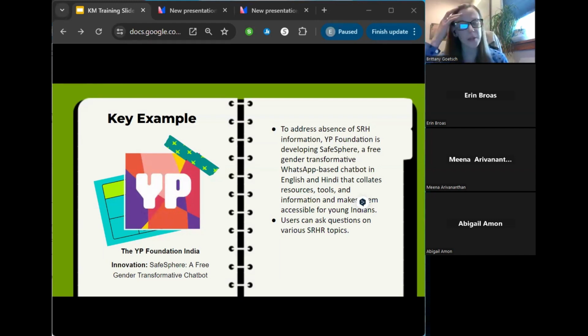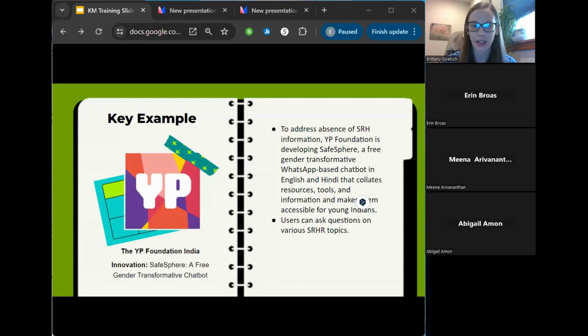To address the absence of SRH information, the YP Foundation is developing Safe Sphere, a free gender transformative WhatsApp-based chatbot in English and in Hindi that collates resources, tools, and information and makes them accessible for young people in India. Users can ask questions on various AYSRHR topics.